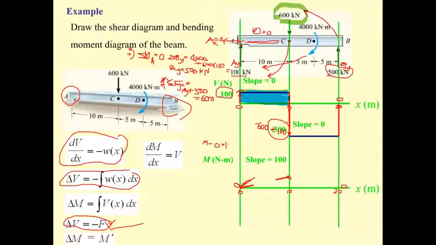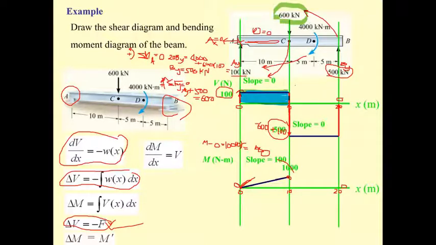It's going to be 100. And then times 110 times 10. We are going to have this of 1,000 kilonewton meter. So we have this one as the 1,000.